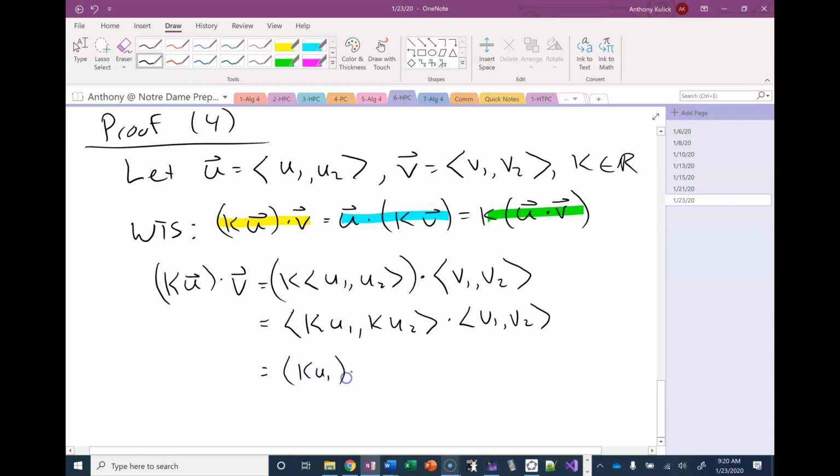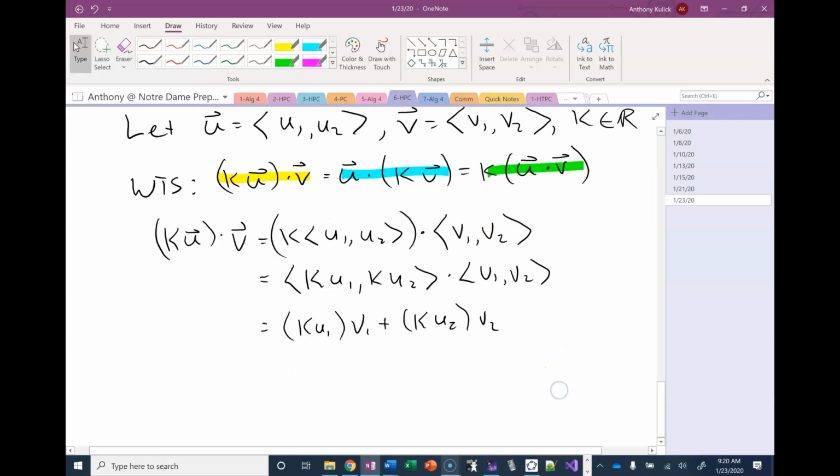So it takes the product of the x coordinates plus the product of the y coordinates. And since k, u1, and v1 are all real numbers, it doesn't matter the order in which I do that multiplication, so I can just drop the parentheses. And similar for k, u2, and v2. So I just drop those parentheses.